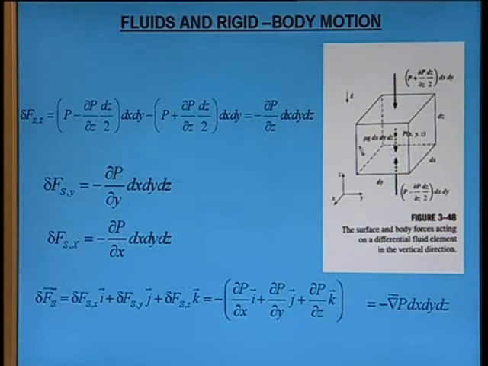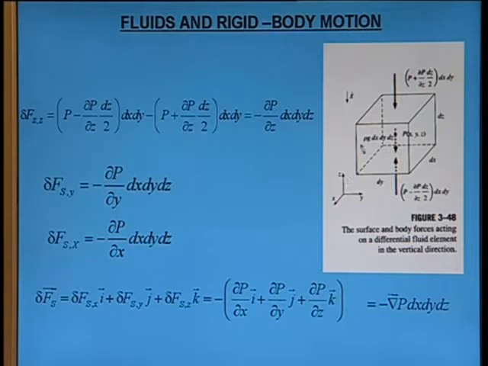So, how do we find out the pressure force on the left face and right face? Though we have discussed, but let me again repeat it. If pressure at the centroid of this parallelepiped is P, then with the help of Taylor's expansion series we can find out the pressure on the left hand side. So, pressure on the left hand side is equal to P minus, because we are moving in negative y direction for the given Cartesian coordinate system which we have chosen as x, y and z.